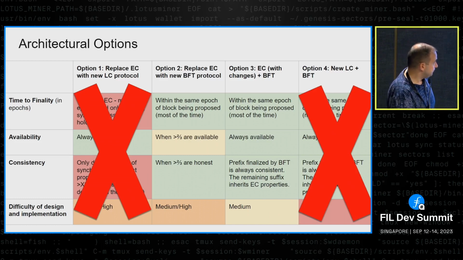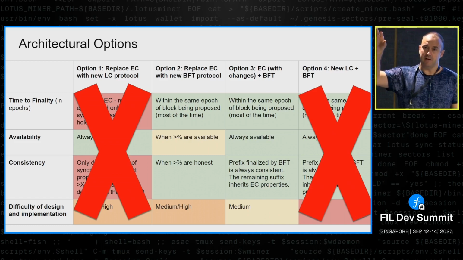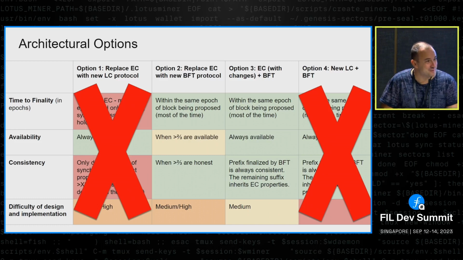There is a separate discussion of how easy it is to replace consensus in, for example, Lotus. I can leave that to my team members from Consensus Lab to debate, because this is what we are wrestling with in IPC. There are software development challenges.